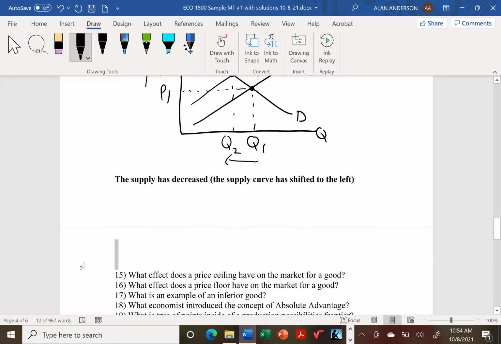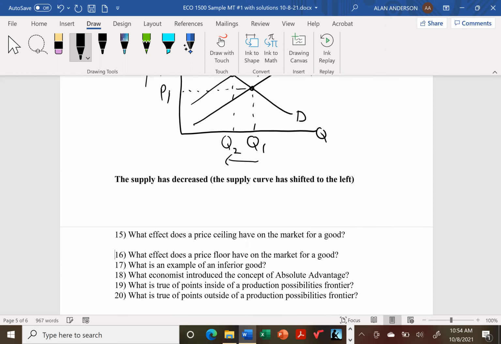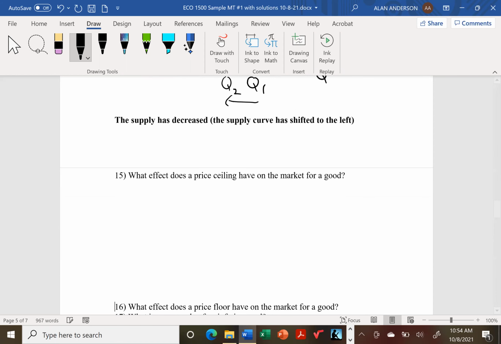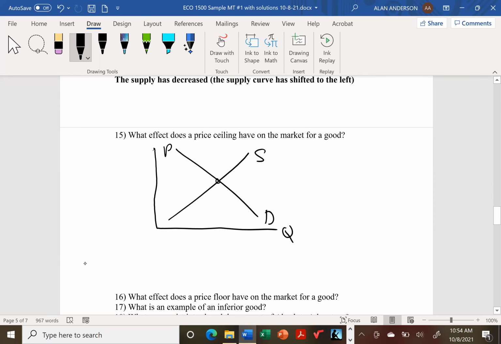Now, what effect does a price ceiling have on the price for a good, or the market for a good? All right, so remember how that works. The price ceiling means you're setting a maximum price for a good, but that price is lower than the equilibrium price. So if this is our equilibrium price here, a price ceiling would be, let's say, here.